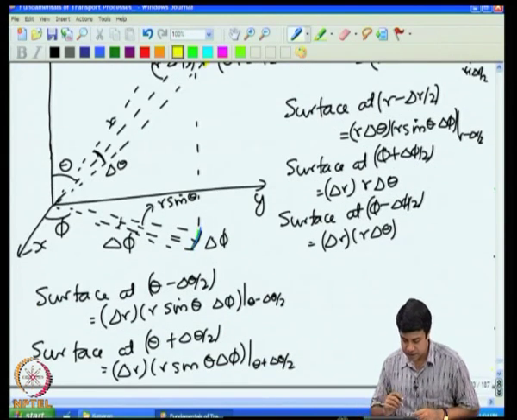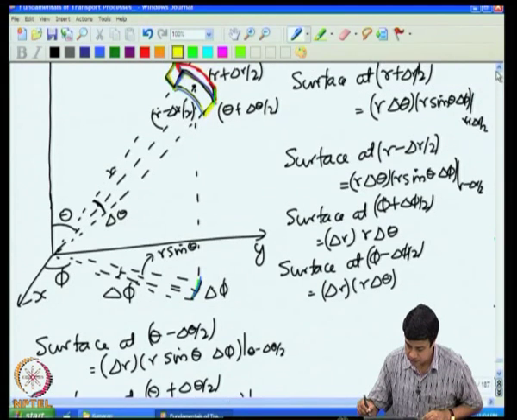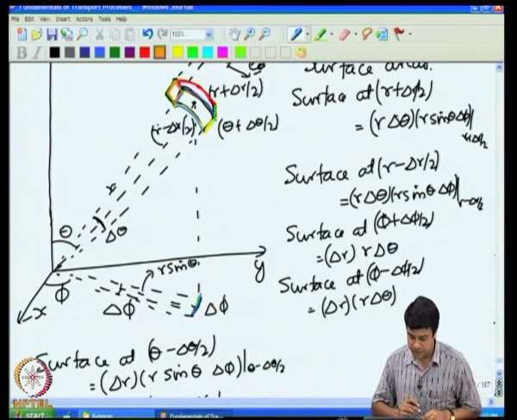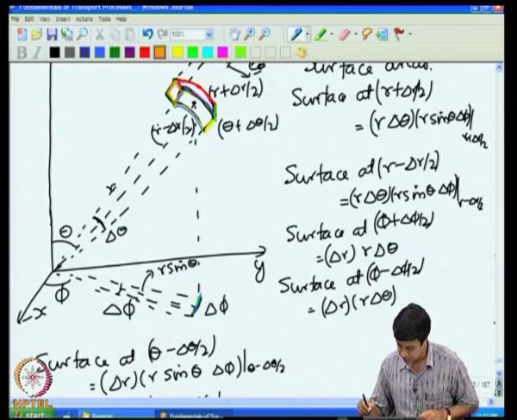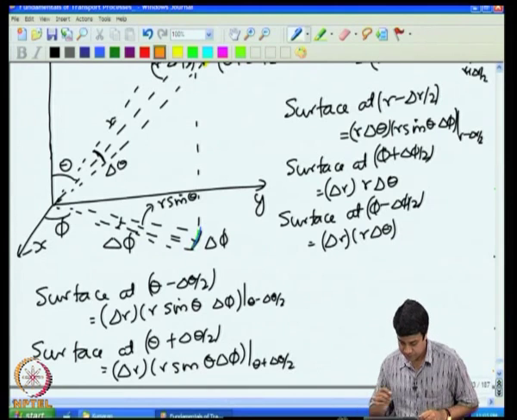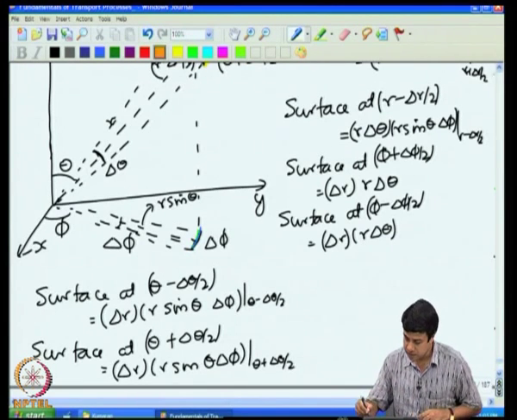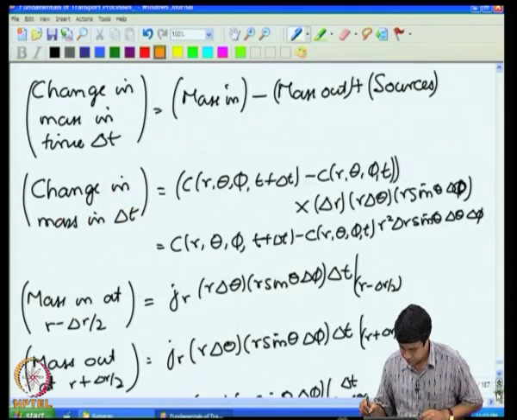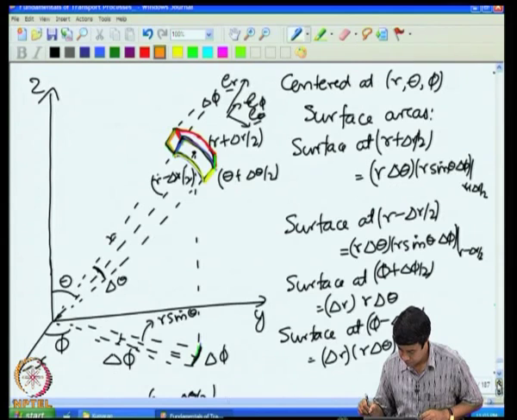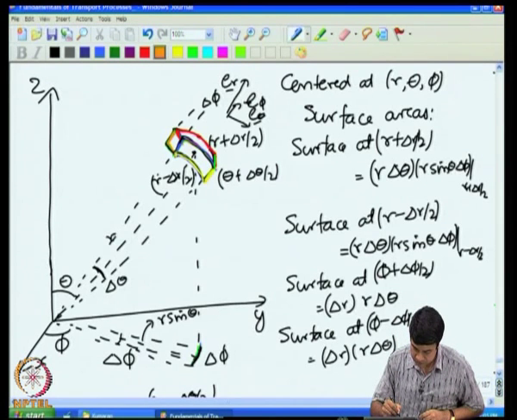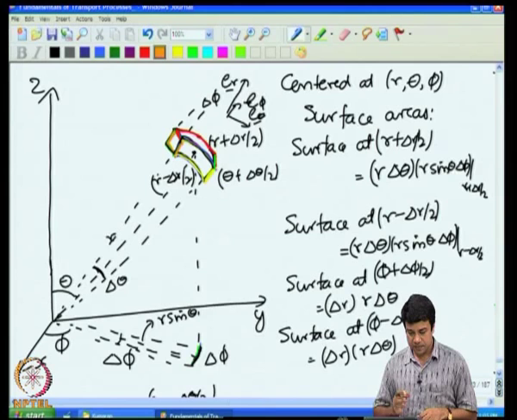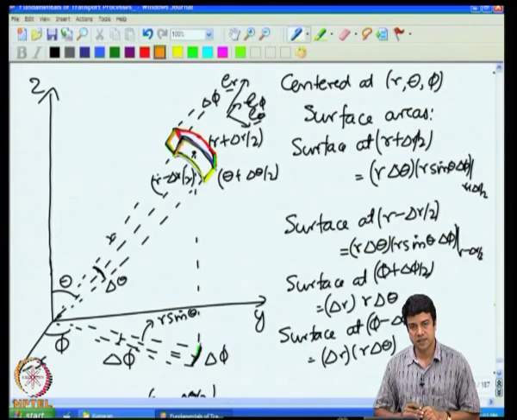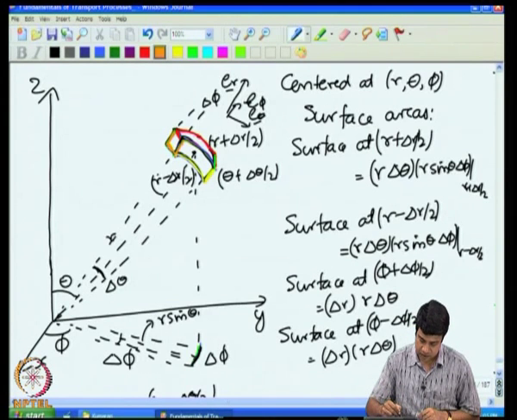Similarly, for the surface at theta minus delta theta by 2 and theta plus delta theta by 2, shown here by the orange, the surface on top and the surface below, the surface area is delta r, which is this distance, times the distance travelled perpendicular to the phi direction, and that is going to be equal to r times sin theta times delta phi, that is this distance.